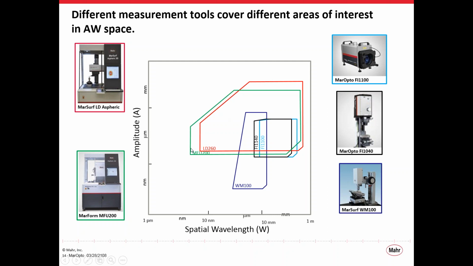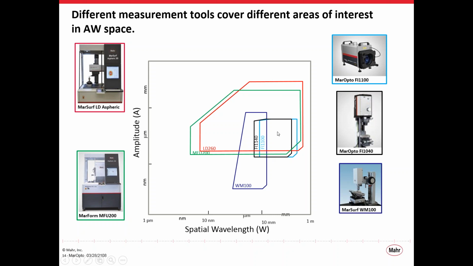They can measure very, very small lateral features in very, very large areas, and they can measure a large range of heights. However, they cannot measure quite the resolution of the Fizeau interferometers, such as the Mahr Opto FI 1100.